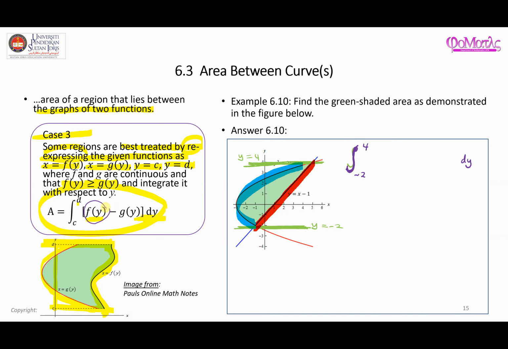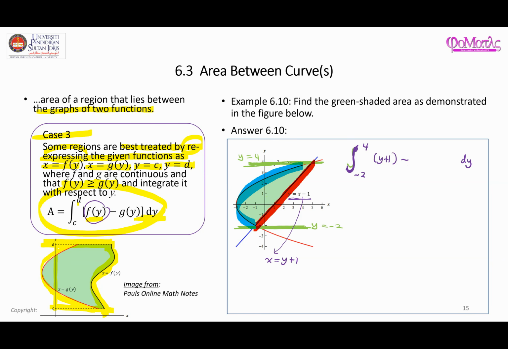So what is f(y)? It is given by y is equal to x minus 1, but we have to re-express it so that x becomes the subject. So x is equal to y plus 1. That's the first function, which is y plus 1. This is f(y), and we are going to subtract the other function.